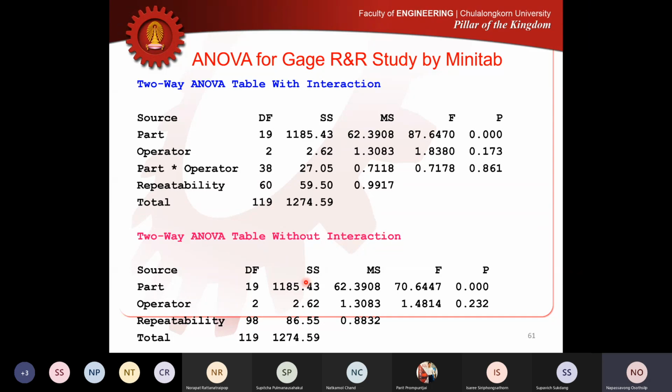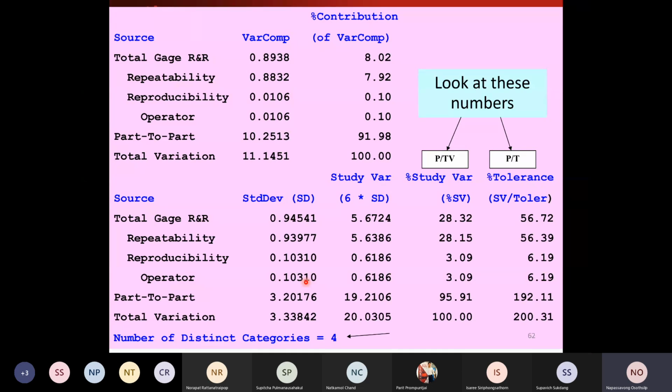There are a lot of numbers here, and one of them is the P to TV ratio and another one is the P to T ratio, and then you can use these numbers to make a decision. Like in this case, P to TV is 28%, so if you use 30%, you will accept it. I will explain this using the workshop.